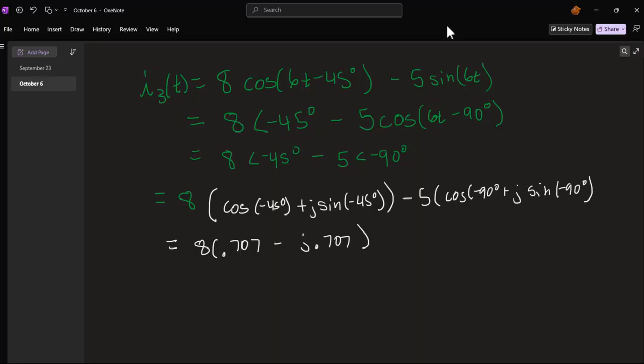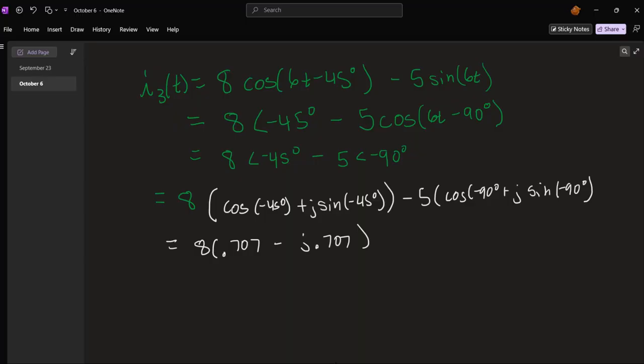Okay, so now in the phasor domain, I want to get I through the capacitor. So I can use current division.